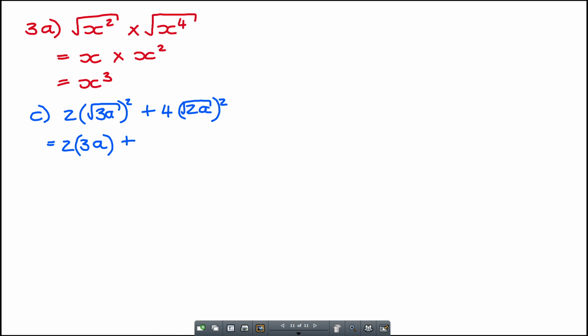Then, same thing here. Square root of 2a squared, the square root and the square will cancel each other out. So I'm just going to have 2a there. Now 2 times 3a gives me 6a plus 8a. They are like terms, so I'm going to have 14a. Yeah, that's right.